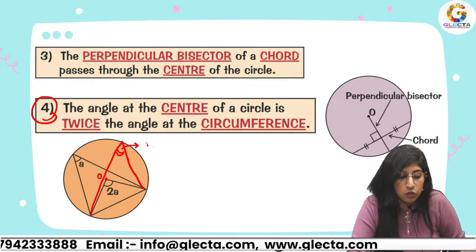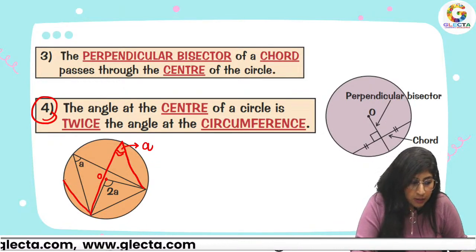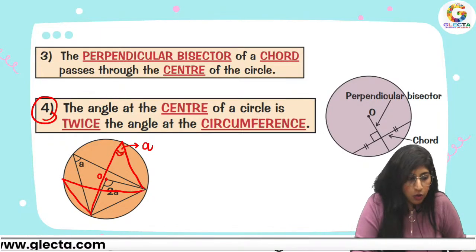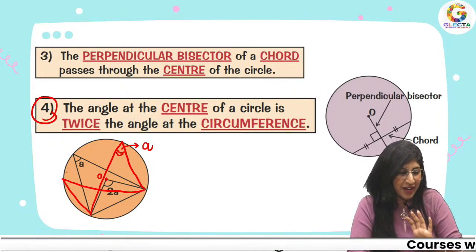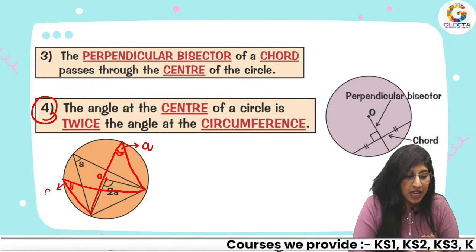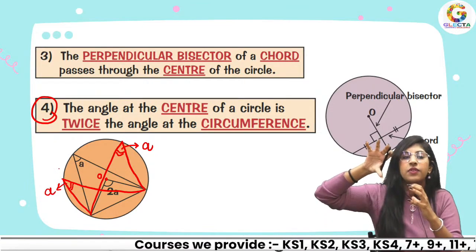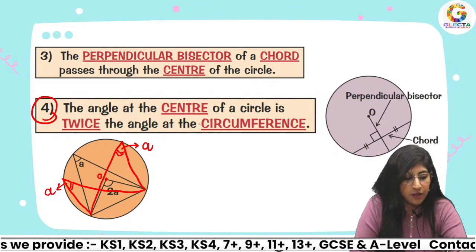So this would also be A. If I take any other point, like this point, and draw this, although my drawing skills aren't really great, you guys are already aware of that by now, this angle is also half of the angle at the center. At the center we have 2A, so now we have angle A over here, right?